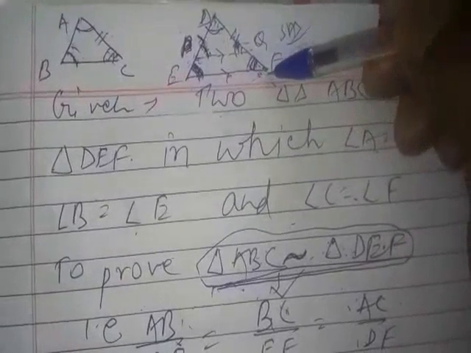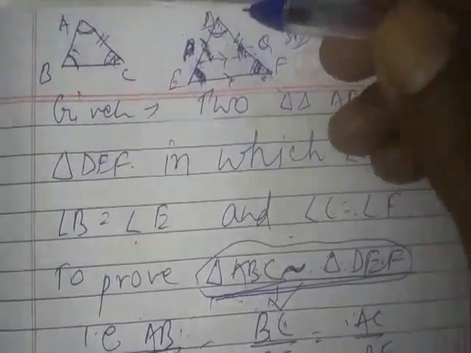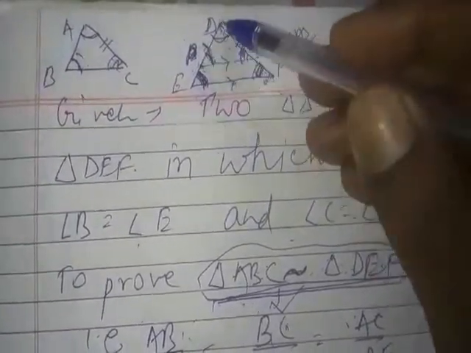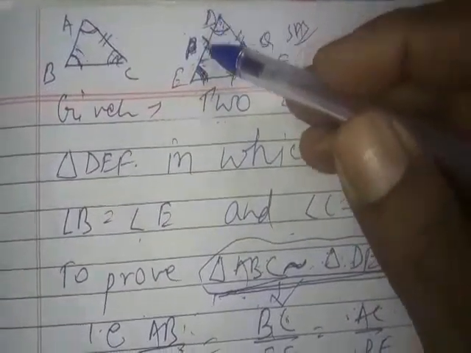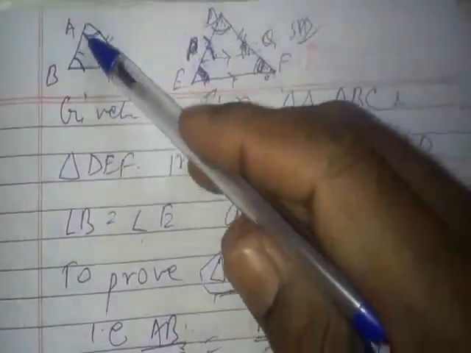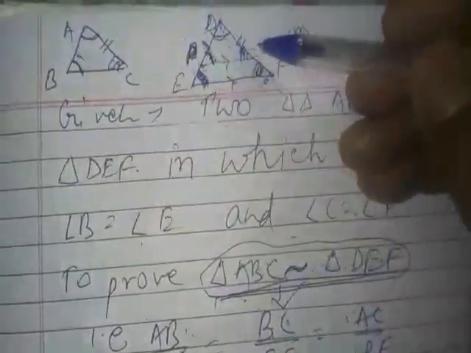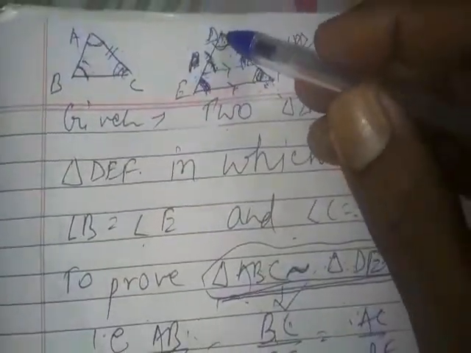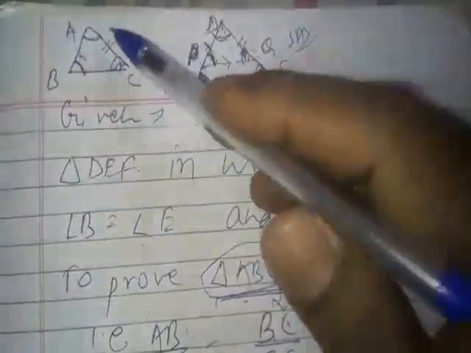These are the corollary of BPT. Now for DP we can write AB also, because DP and AB are equal to each other, and similarly for DQ we can write AC by DF.